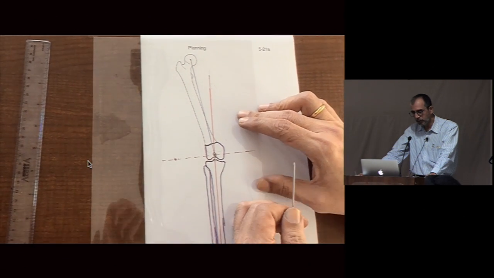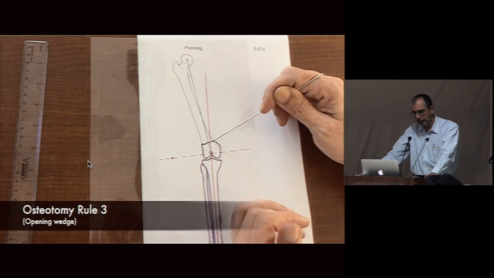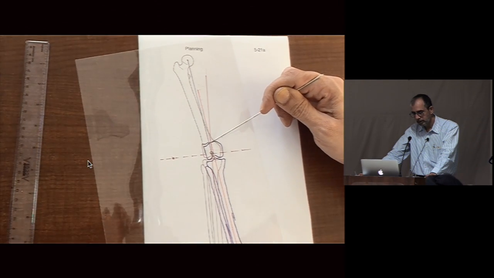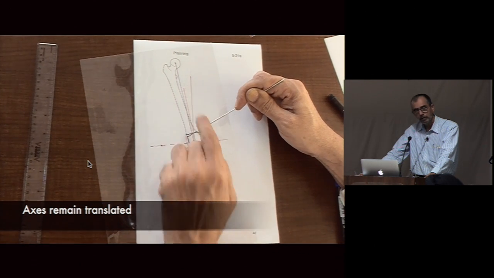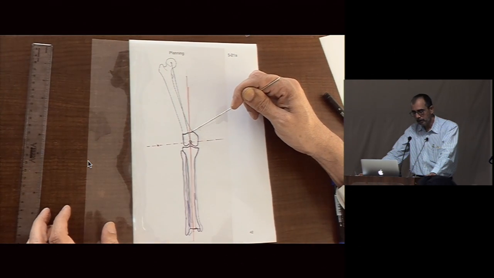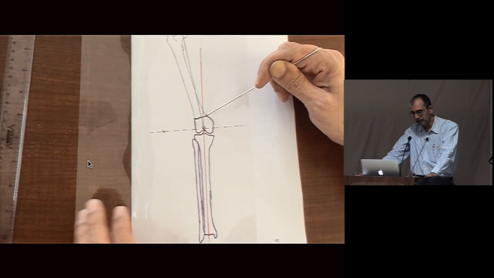If you just do an opening wedge osteotomy and hinge at the wrong level, you get a translation of the axis.